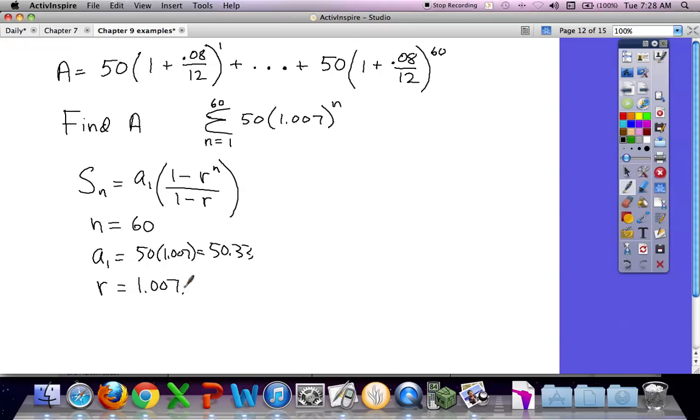So with all of that, we plug in. S60 equals first term 50.35 times 1 minus 1.007 to the 60th power divided by 1 minus 1.007. And I would definitely put all of that in my calculator.